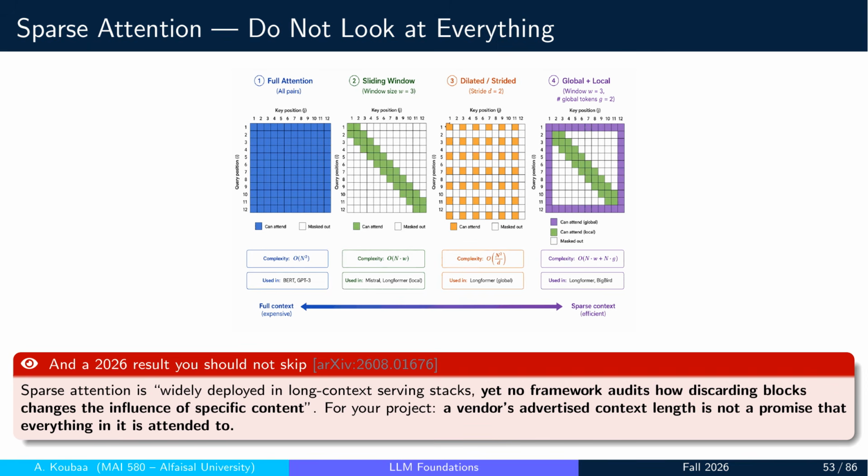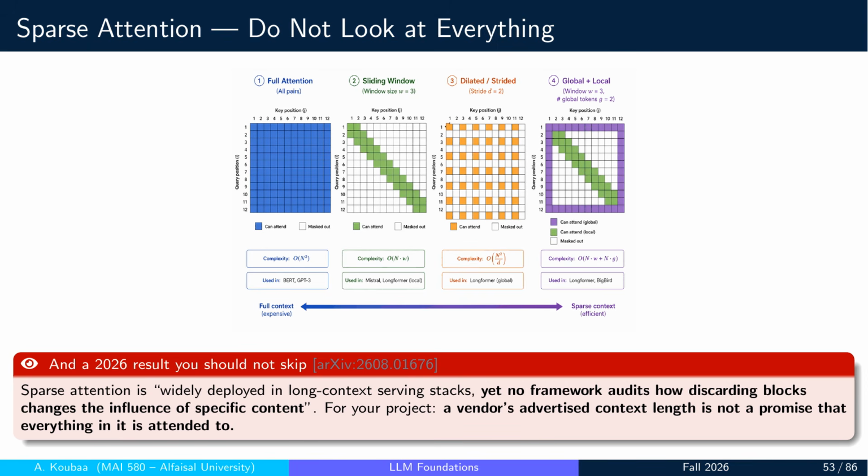A sparse pattern may focus on local neighbors, on a few selected global tokens, or on blocks. The benefit is lower cost at long sequences. The risk is missing a relationship that falls outside the allowed pattern. So it's a trade: efficiency against universal access to the context.